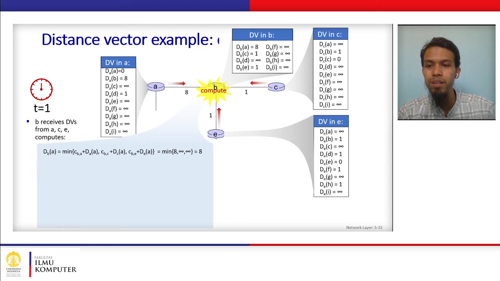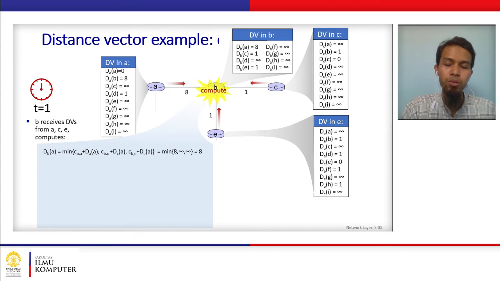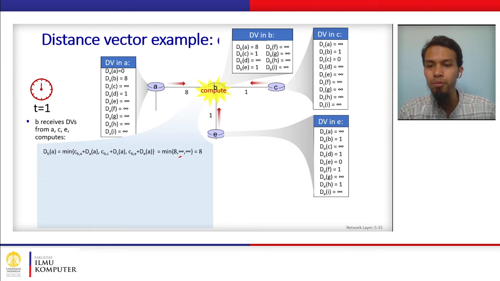C doesn't have any information about the path to A, so it's infinity. E also doesn't have any direct path to A, so it's also infinity. So in this first iteration, the least cost path from B to A is still 8.